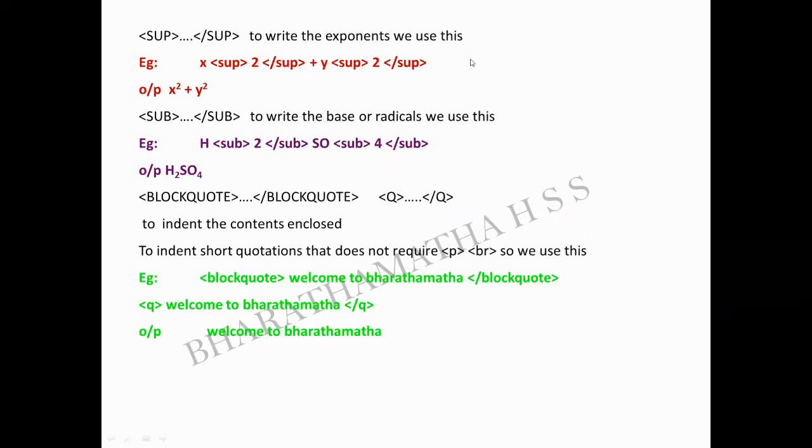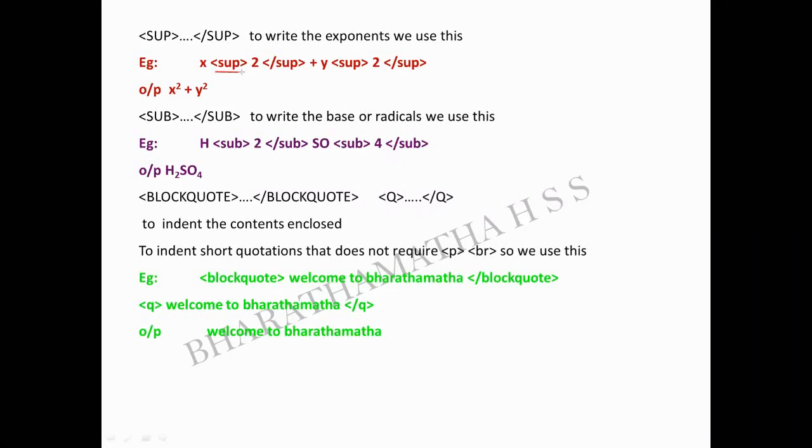So for example, if I wanted to write the equation x squared plus y squared, see the way I write. X I have written, then I have used the superscript tag, sup.